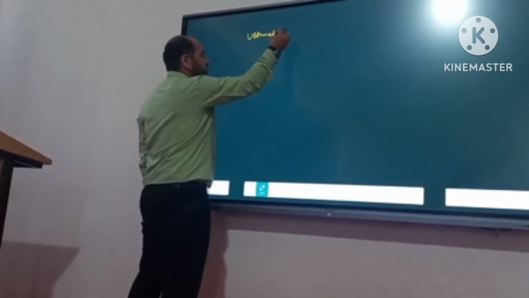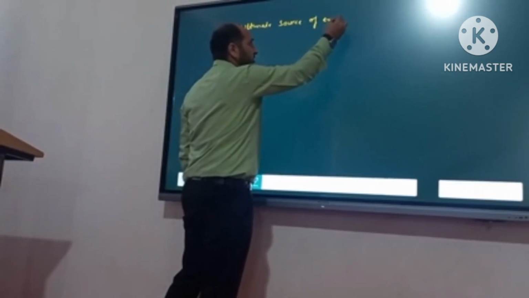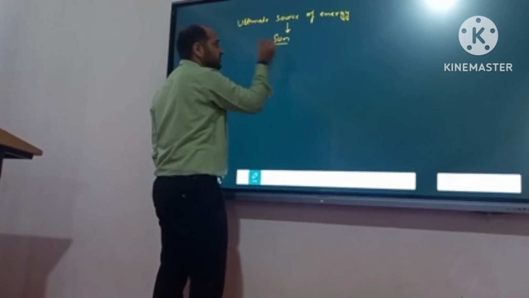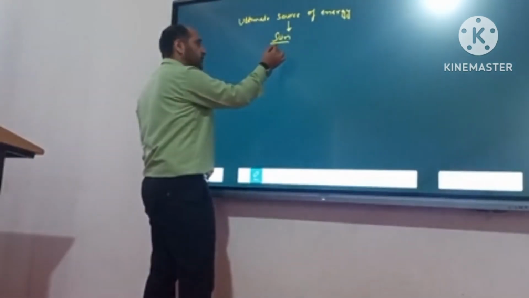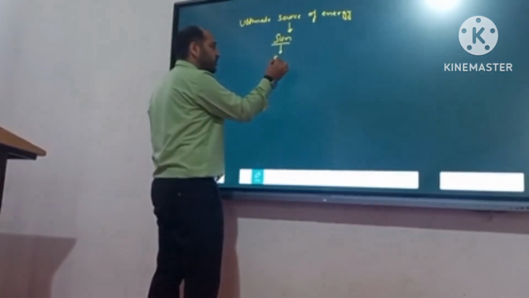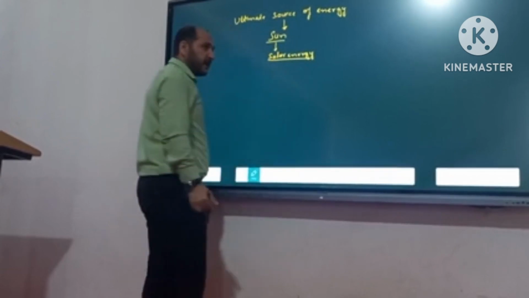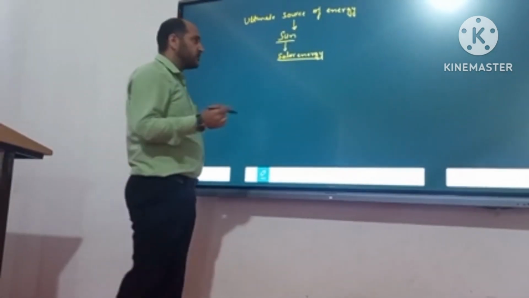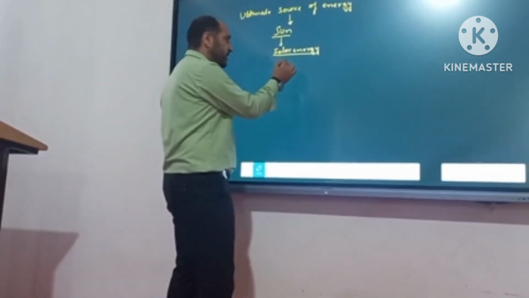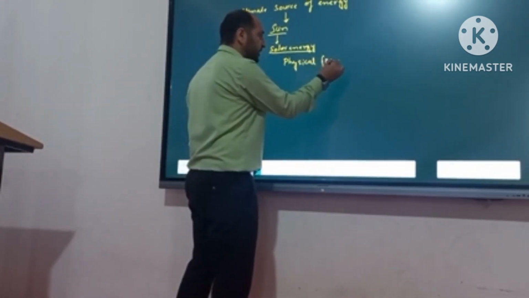The ultimate source of energy to our earth is the sun, and as we have discussed, the sun releases its energy as solar energy, or visible light, in discrete packets which we call photons. These small packets, photons, are the energy packets that comprise solar energy, and this is the physical form of energy.